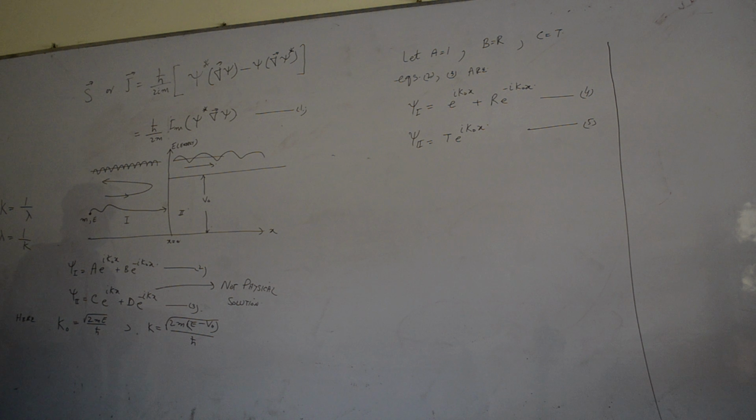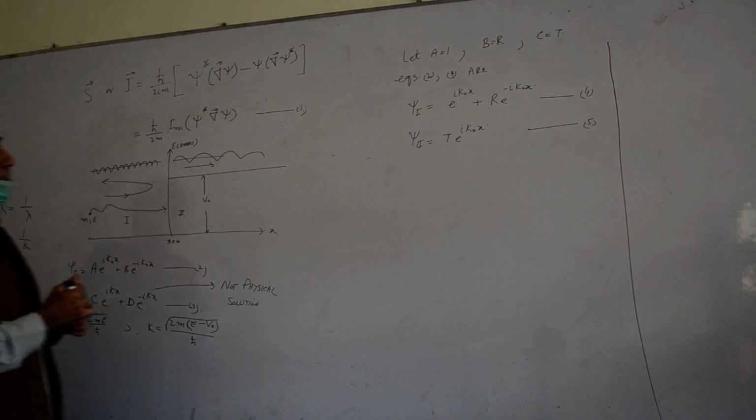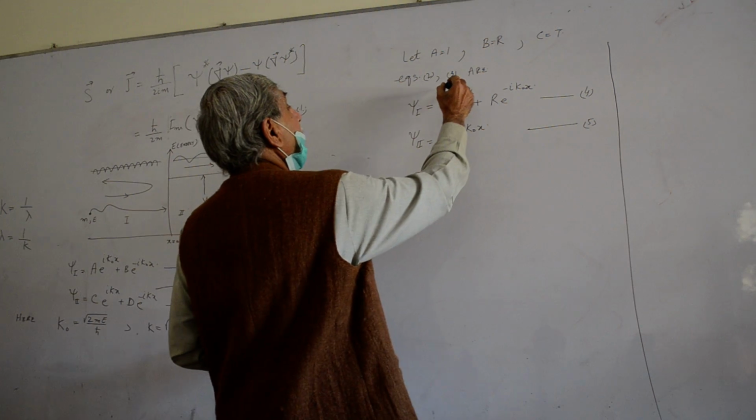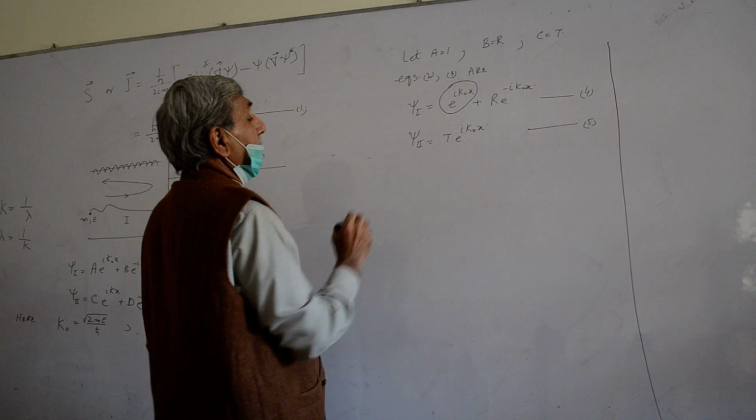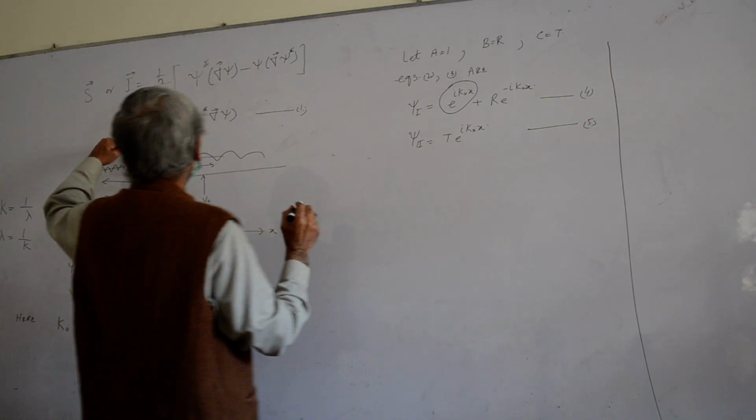Now the question is, if I ask you, find the probability current of the incident particle. Remember, the incident particle wave function is that, with amplitude A, so that is your psi. So you will use that.